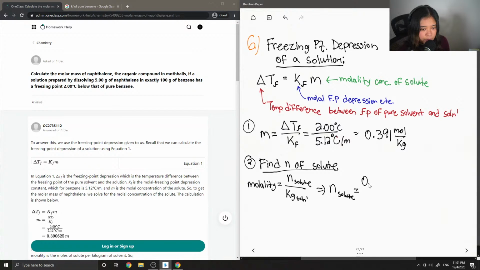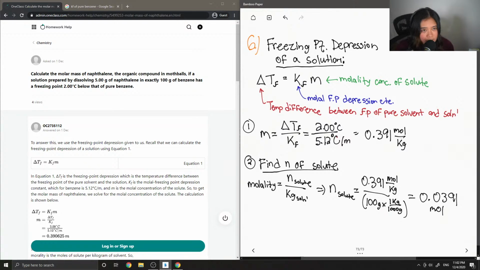It is equal to 0.391 moles per kilogram, our molality that we found. And the kilograms is the 100 grams of benzene, so I'm also going to convert 100 grams to kilograms by dividing by 1,000. We end up getting number of moles equal to 0.0391.